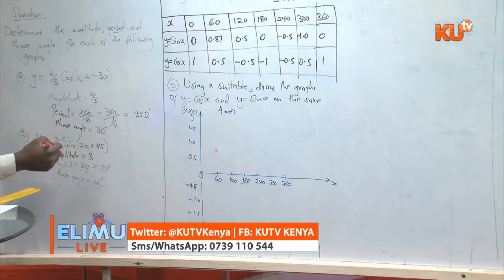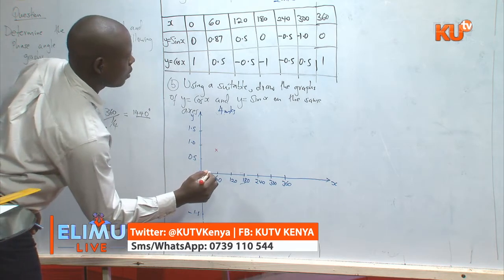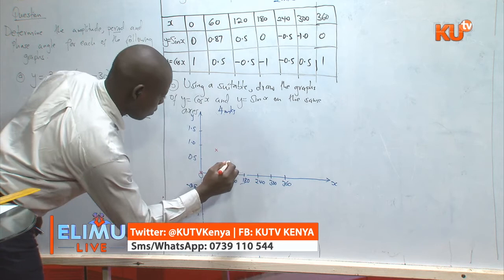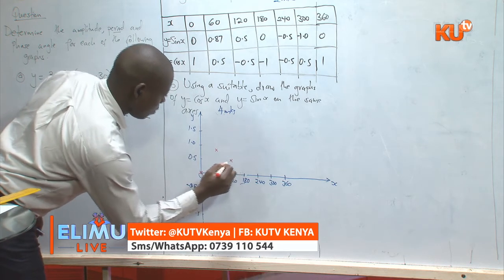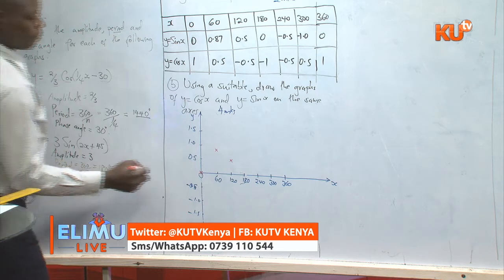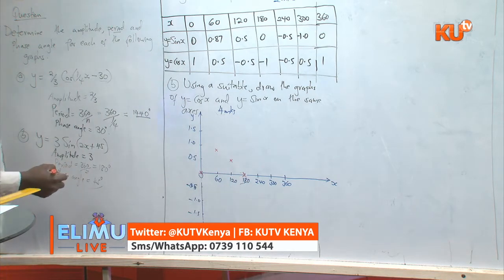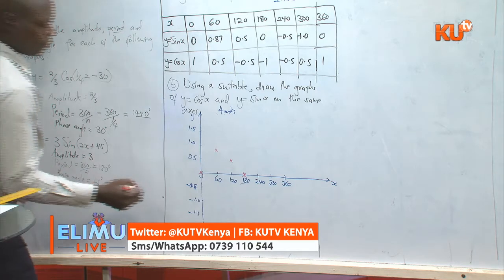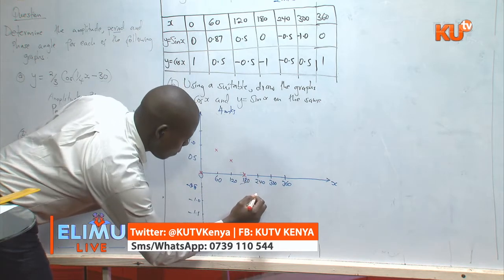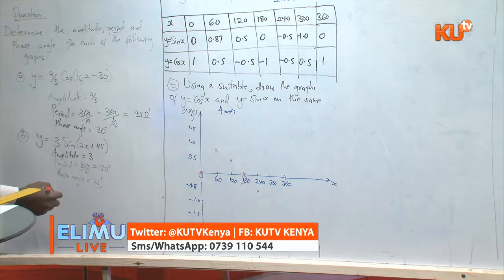Then 120, 0.87. 180, 0. 240, negative 0.87. 300.